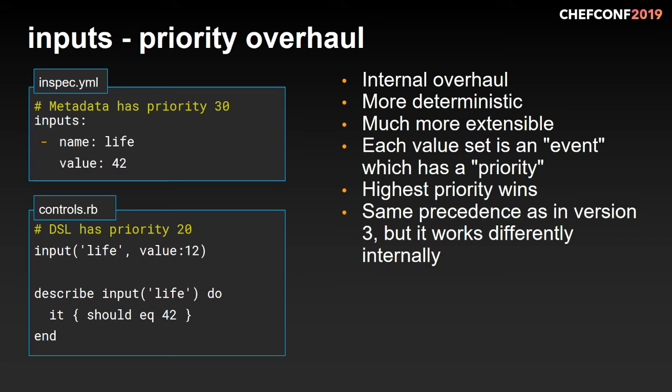It's the same precedence you saw in InSpec 3, but it works a little differently internally. It gives you more flexibility if you're using a community profile or sharing a profile across things, you can still change the values at a higher level.